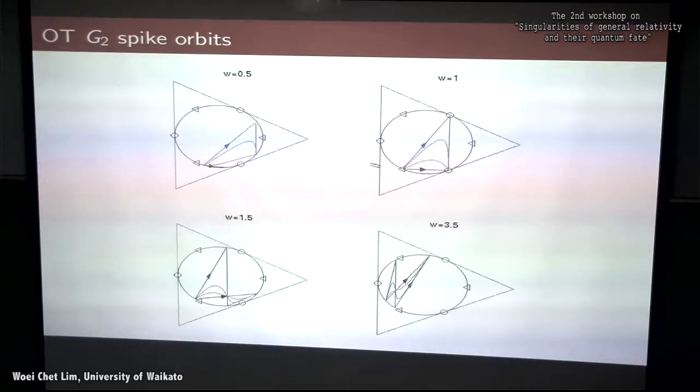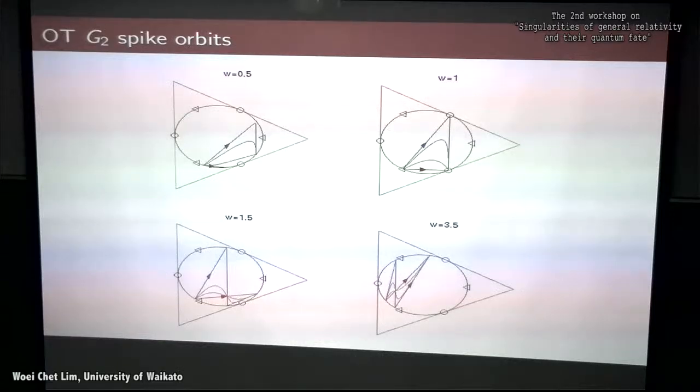So the red line here is the orbit of the spike observer. That is the world line at the spike, if you're exactly at the spike. And the blue one is along a world line very far away from the spike. And the purple ones are intermediate ones.